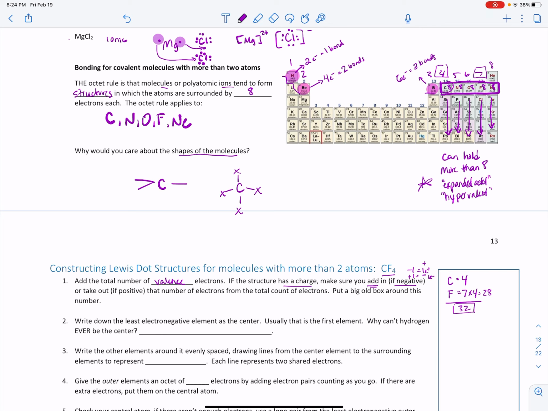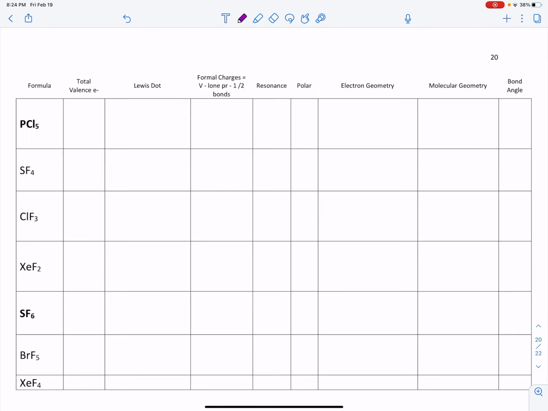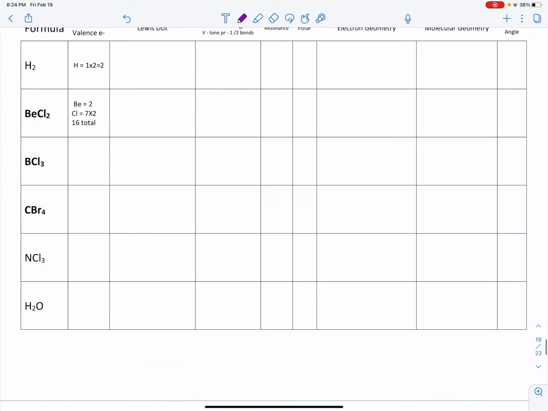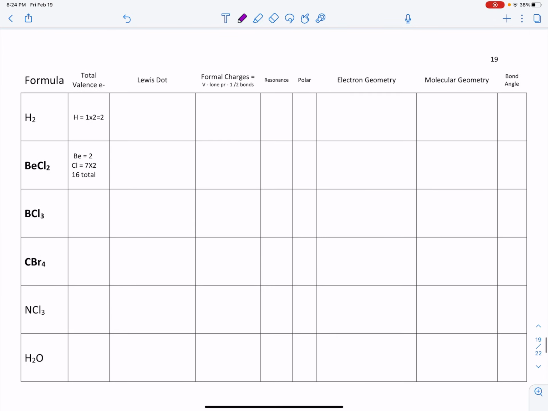And so let's go ahead and look. You'll scroll to the end of this page of notes. You'll see what you want to look at right here, these charts. So since you know that's the first step, let's go ahead and figure out the valence counts for all of these different atoms. So for example, hydrogen has 1 valence electron, and there are 2 of them.